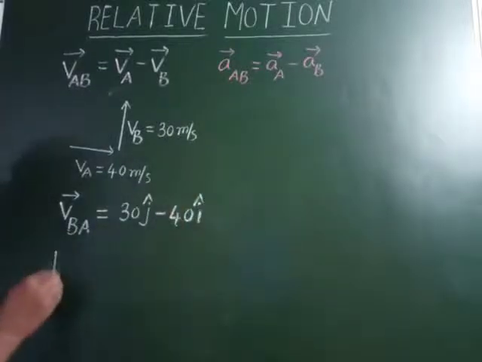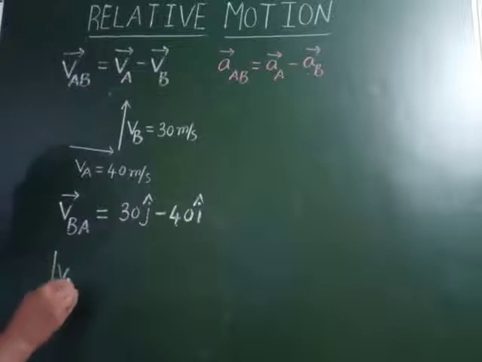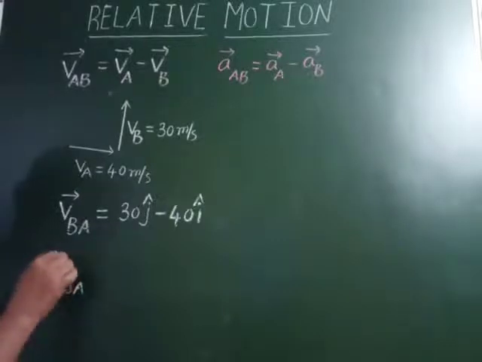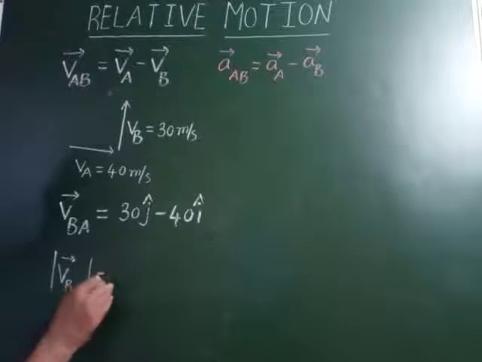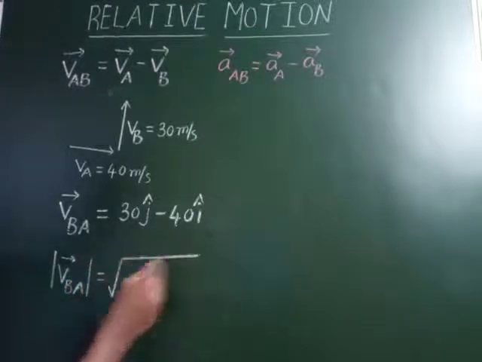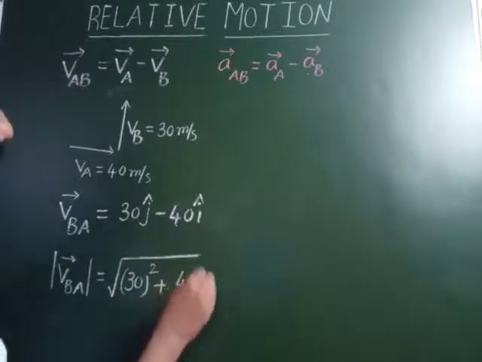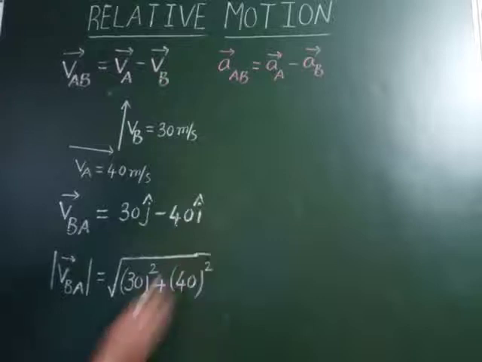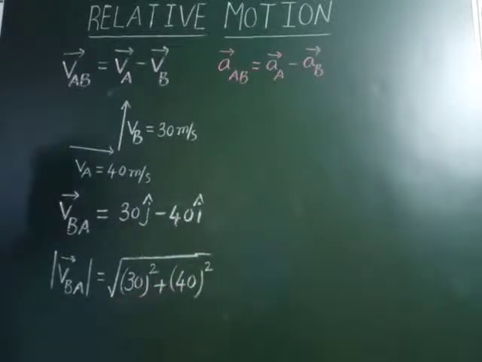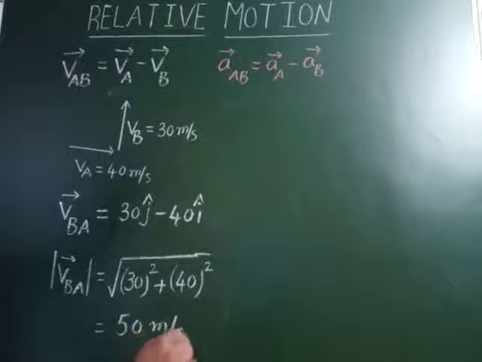Magnitude of velocity of B with respect to A, VBA, is equal to under root of 30 square plus 40 square, which is root over 2500. Then you get 50 meter per second. Velocity of B with respect to A is 50 meter per second in magnitude.